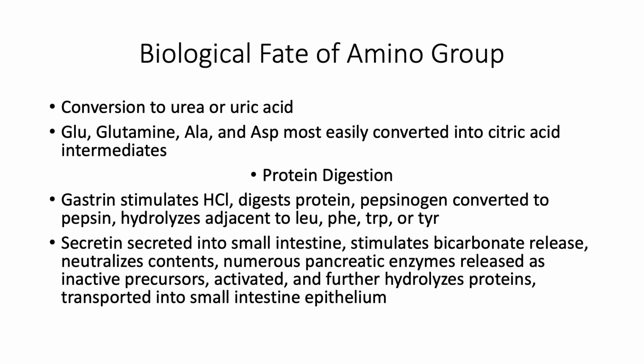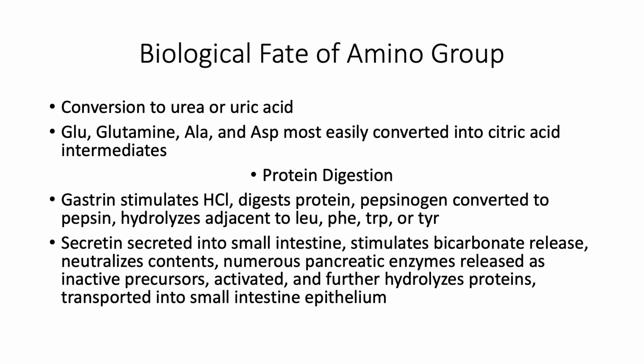For the biological fate of the amino group, we consider that the amino group, which is toxic, will be converted to urea or uric acid. Of these, the amino acids most readily converted to citric acid cycle intermediates are glutamine, glutamic acid, alanine, and aspartate.